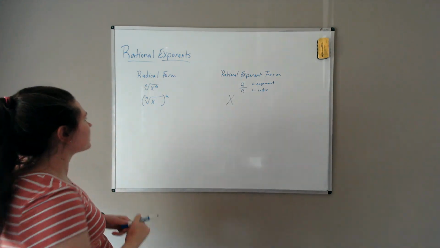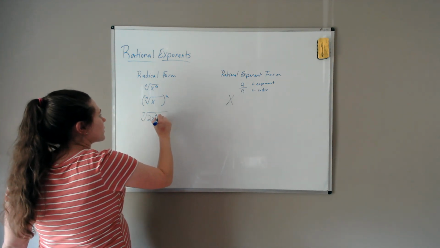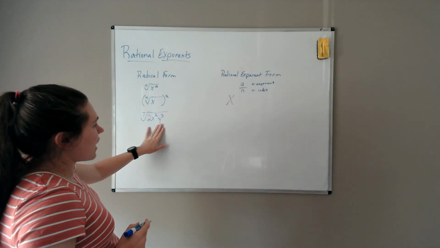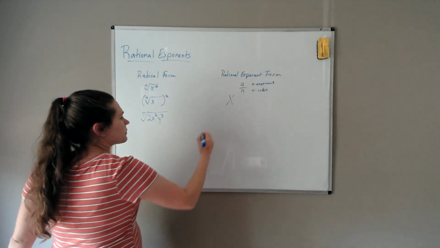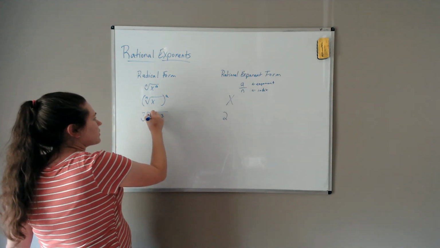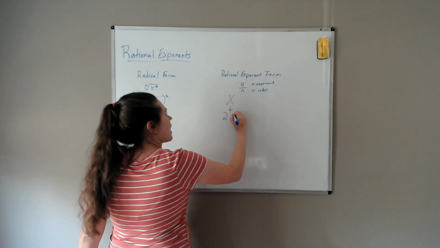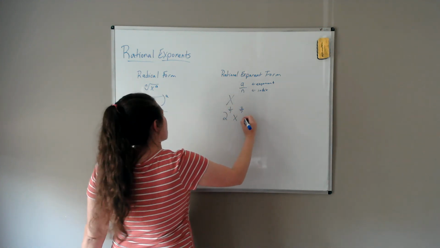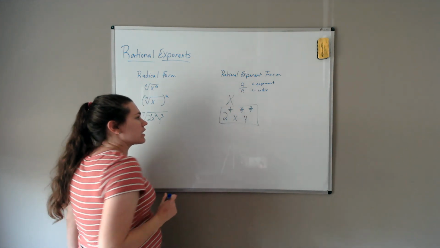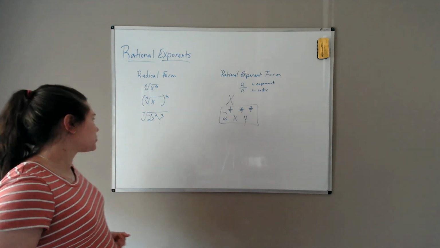So a few more. If I had the seventh root of 2x squared y to the third, I have three separate factors here. This is one big product. That would be the same as 2. What's the exponent on 2 in the radicand? 1. So this would be 2 to the 1/7, x to the 2/7, and y to the 3/7. Notice they each have their own rational exponent.